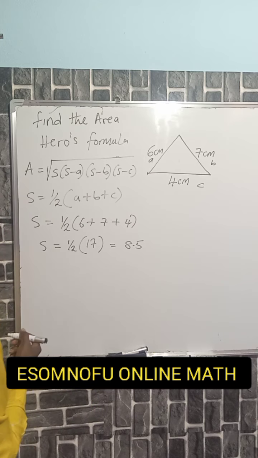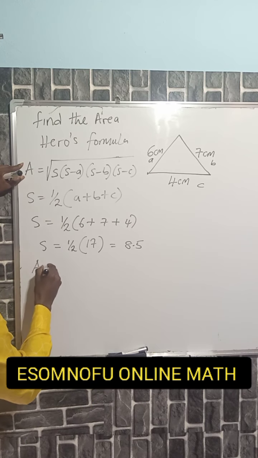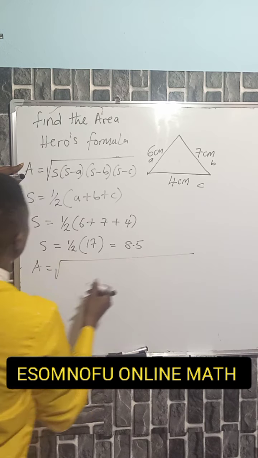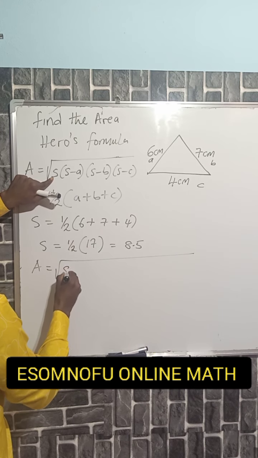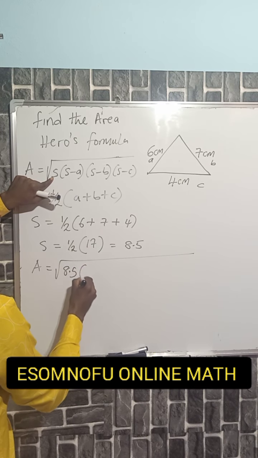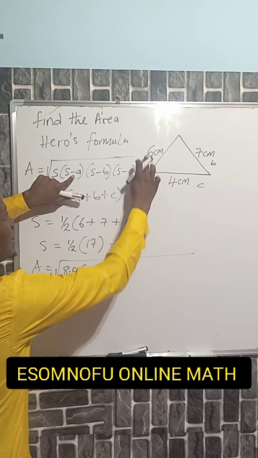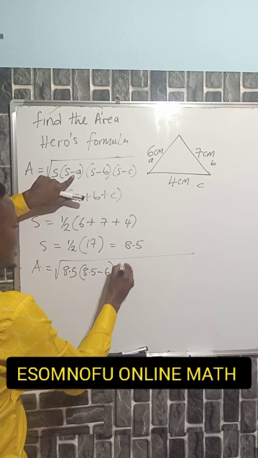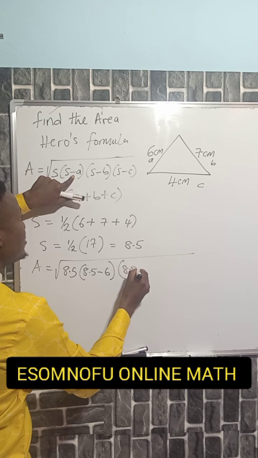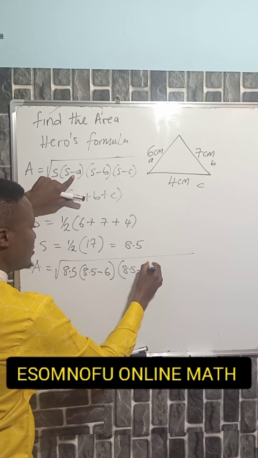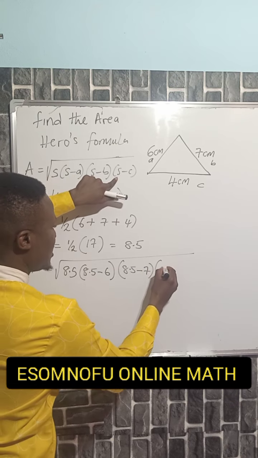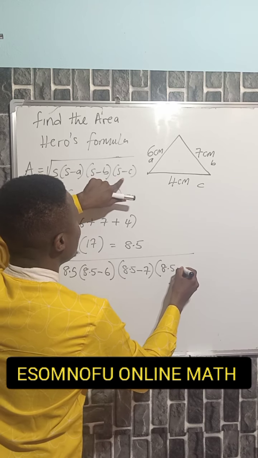Then s is 8.5. So our area becomes the square root of, seeing s, you put 8.5 for s, into s again is 8.5, take away a. Our a is 6. Into s again, 8.5, take away b. Our b is 7. Into s again, which is 8.5, take away c.